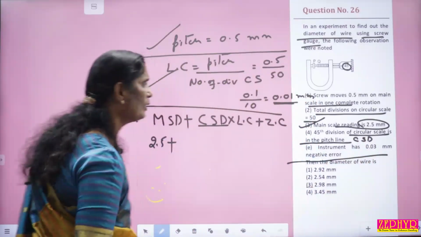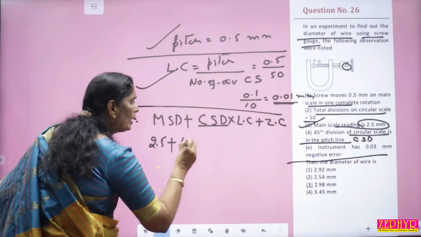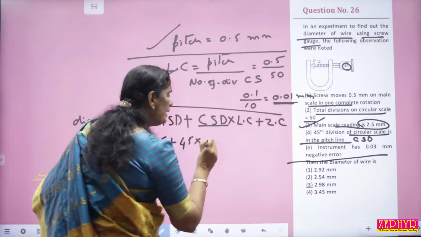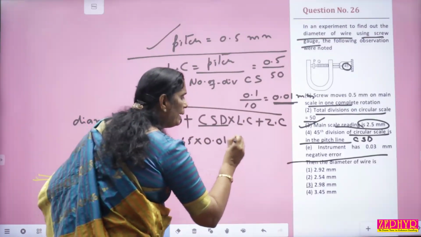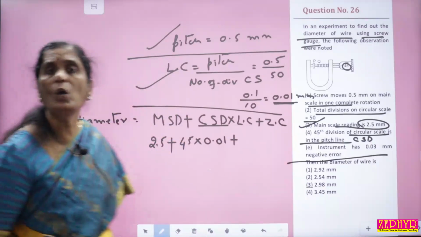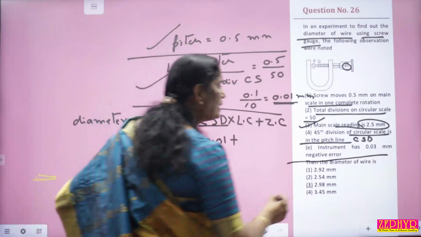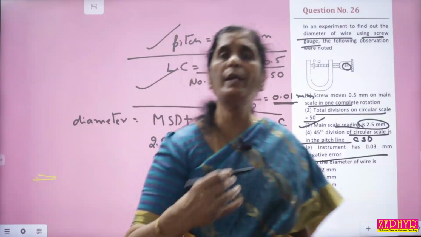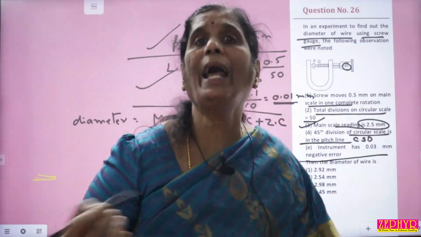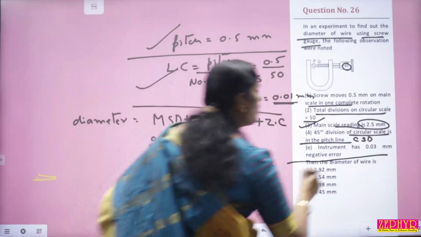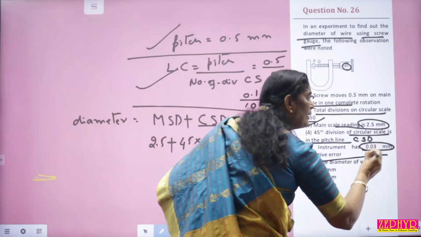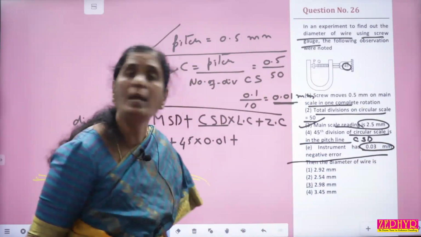Coincidence is the division, so I wrote 45 into the least count, which is in millimeters, plus the 0 correction. The 0 correction will be the negative of the 0 error. The instrument has 0.03 millimeter of negative error.